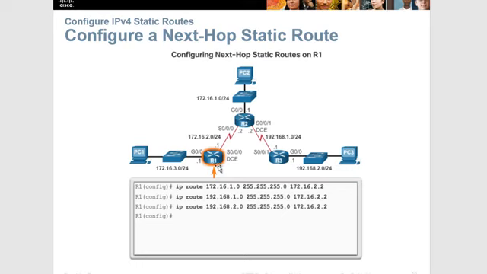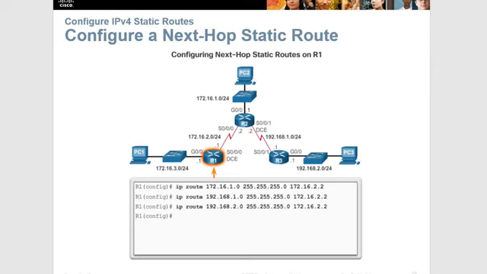So from R1's perspective, you've got R2. R1 and R2, the network between them is 172.16.2.0. R2's address on that network is a .2. Okay, so that's what you're typing in there, the next hop IP address. Don't get that confused and try to type in the IP address of your router's interface. You want to be typing in the next hop IP address.